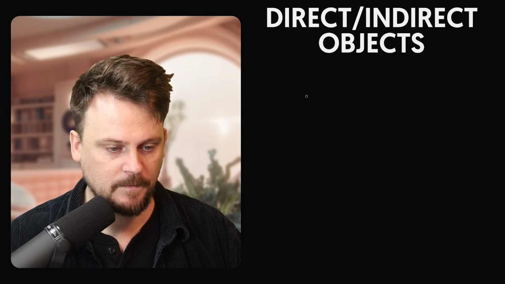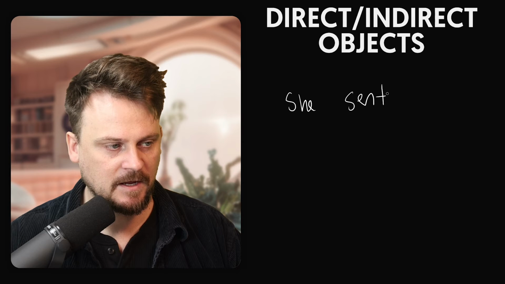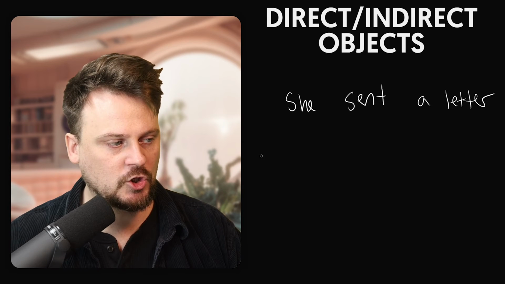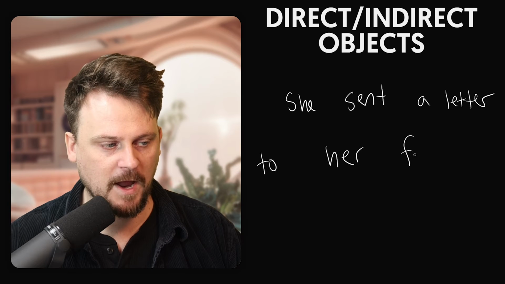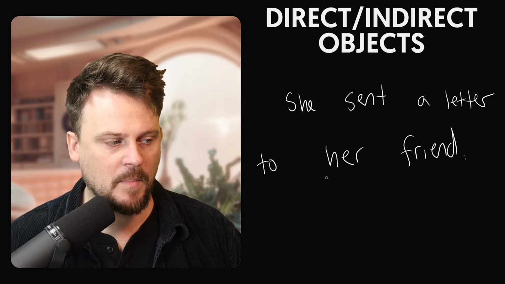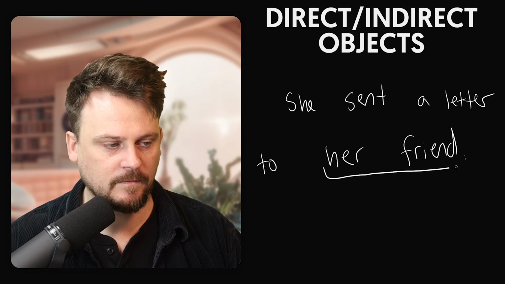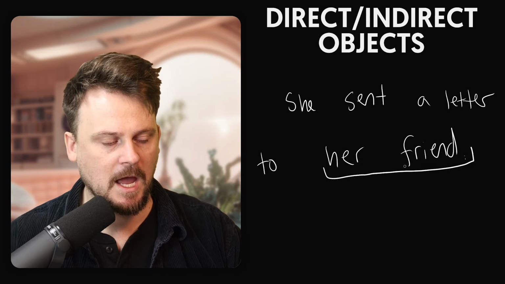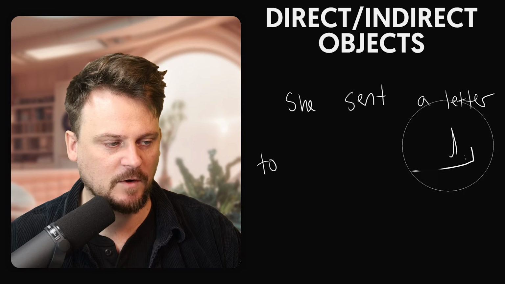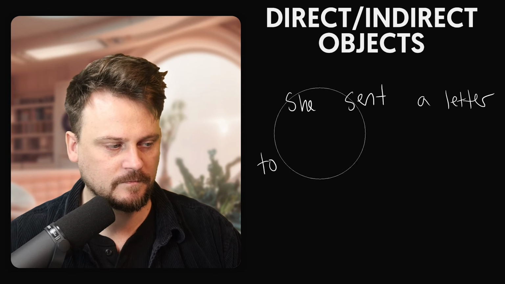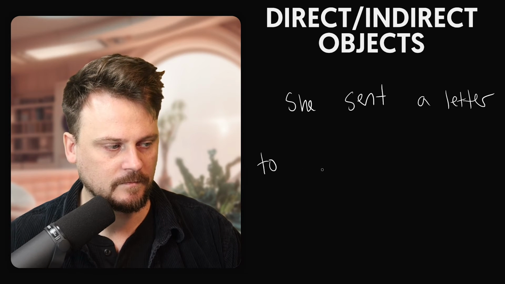So for this one, she sent a letter to her friend. And we're going to combine these as one thing, her friend. And in fact, to make it even simpler, I'm going to replace her friend with Alice.